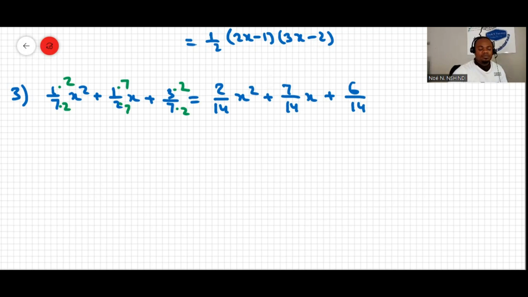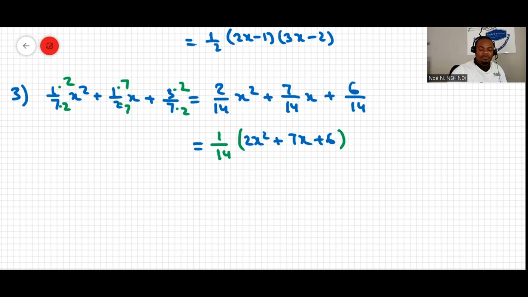Now we can take 1/14 as the common factor here. And then we're left with 2x squared plus 7x plus 6.